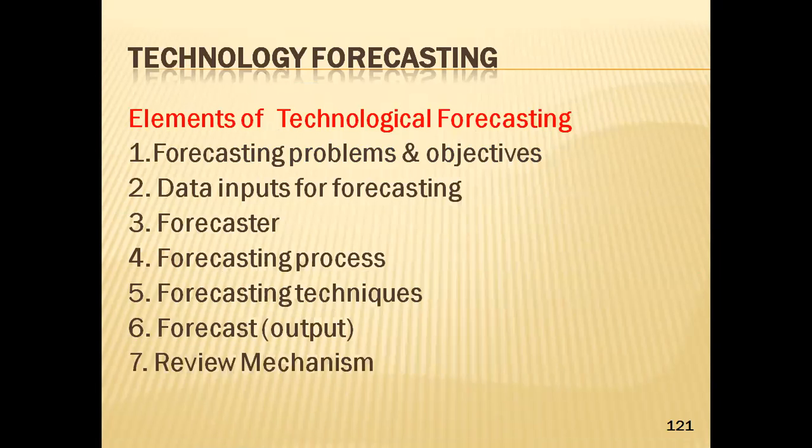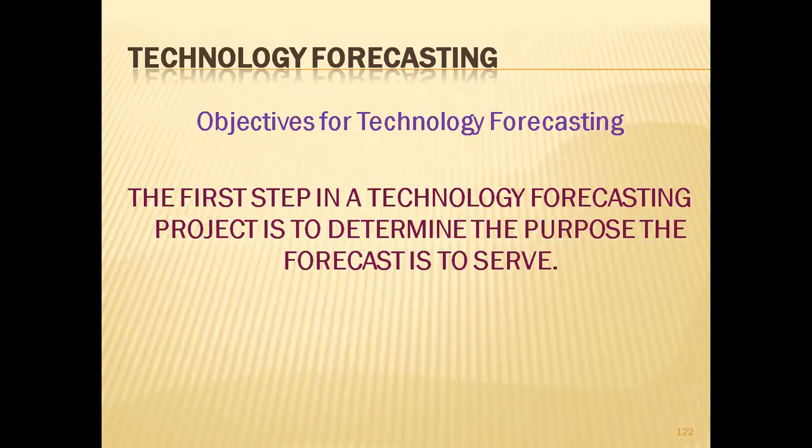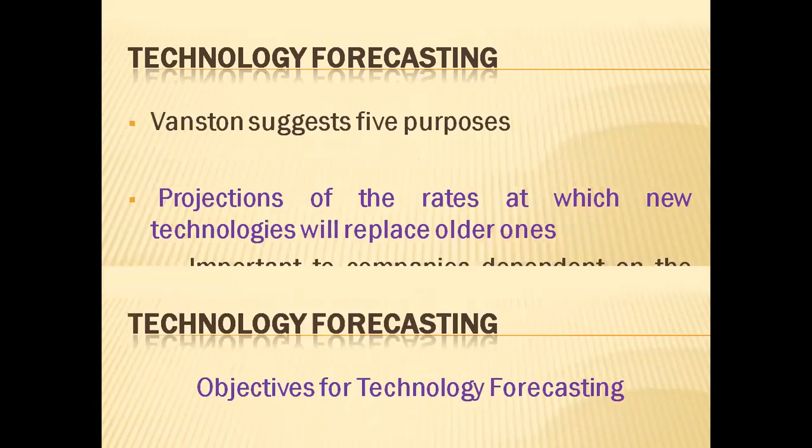Once these techniques are applied, we have the output. The output has to be reviewed. If it is successful, well and good. If it is not, why is it not? There are of course a lot of uncertainties.